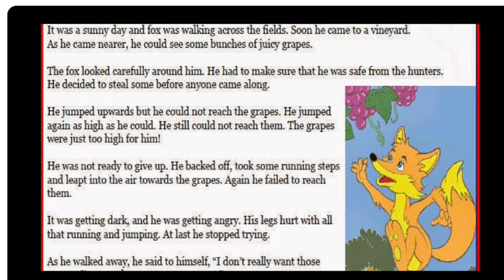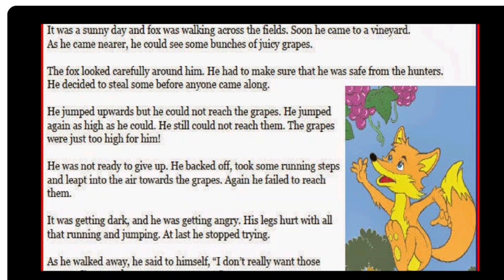Now the last line of the story is, he walked away. He said to himself, I don't really want those grapes. I'm sure they are too sour to eat. If I explain the last line, he went away dejectedly and broken-heartedly.